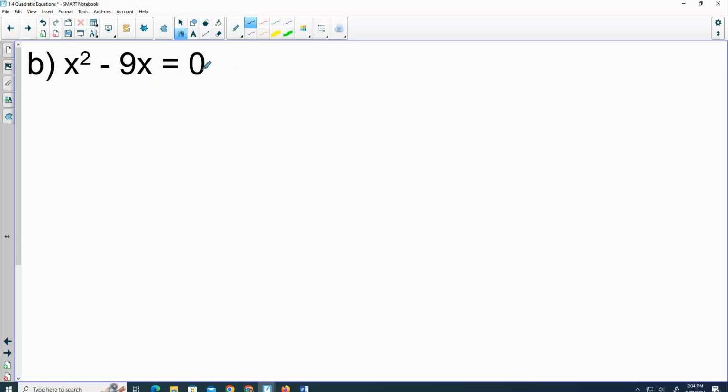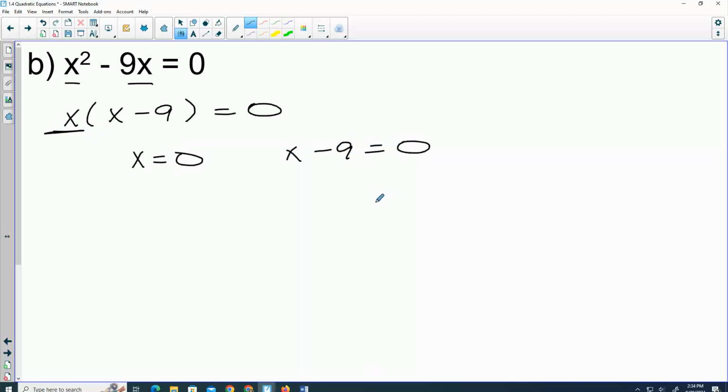The first thing you should always check in factoring is do we have a greatest common factor? And this time we do. We only have 2 terms. They both have an x, so we could take that x out. What are we left with when we do that? Okay, set them equal to 0. So that means the plain x could equal 0, or x minus 9 could equal 0.